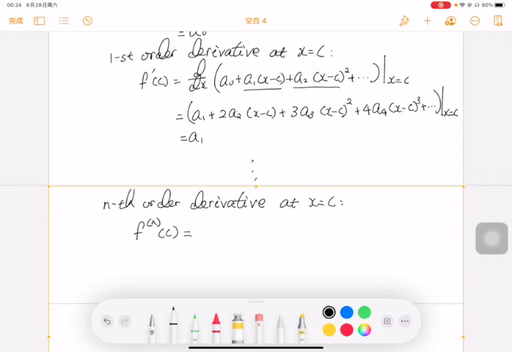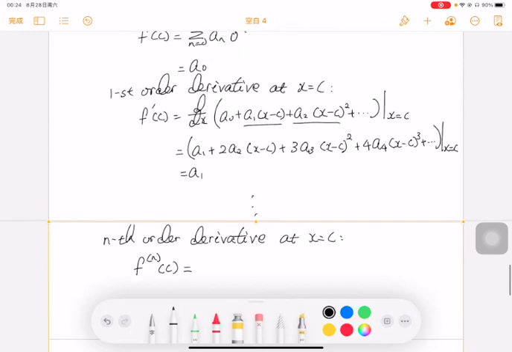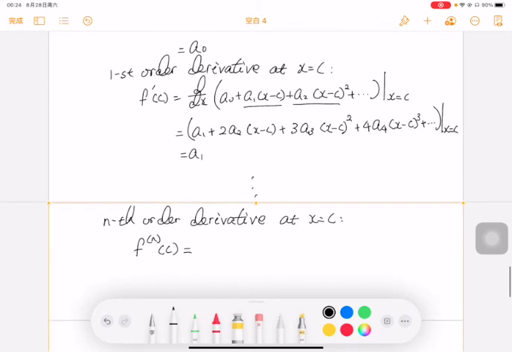And if you take the nth order derivative of this summation, you'll find that this is actually a_n times n factorial.